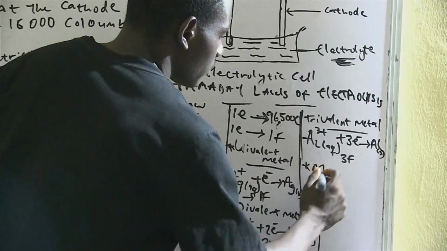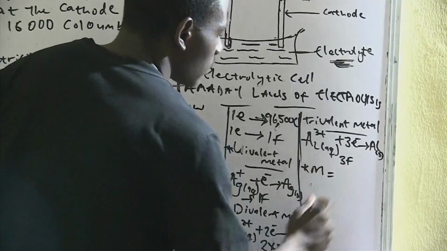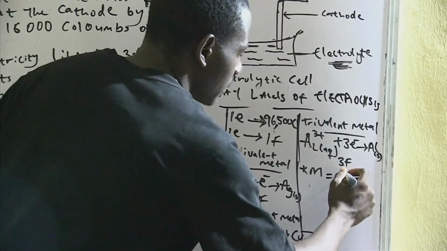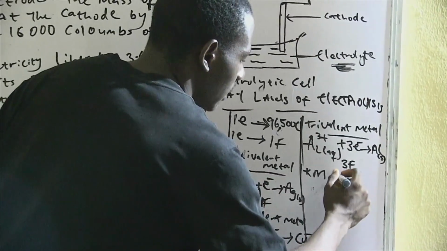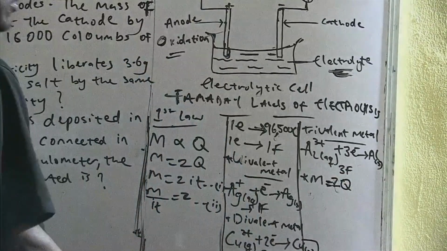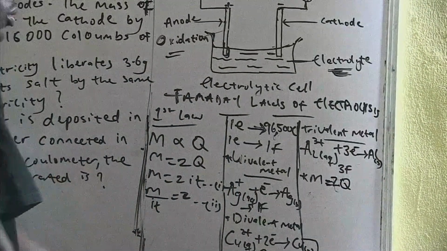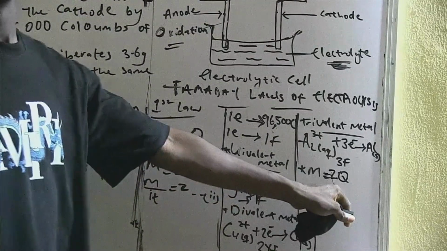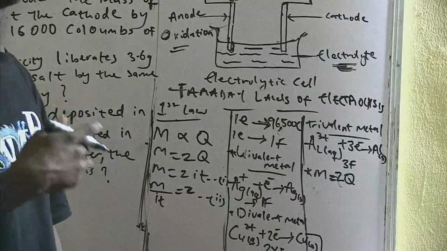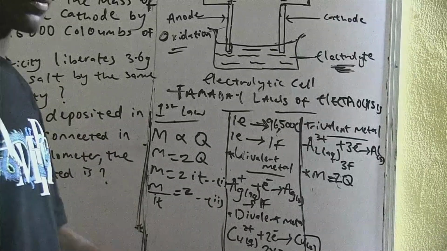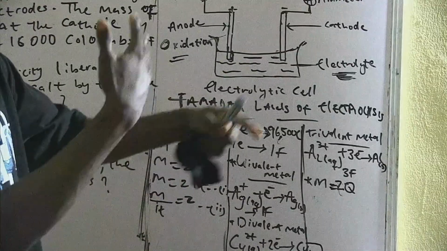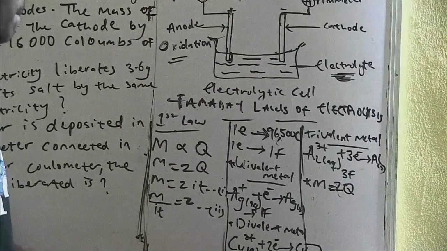Molar mass is equal to what? Quantity of electricity passing through, then your Z will be here. Now, your quantity of electricity depends not just on the Faraday, that is your coulomb, the electricity passing through the electrolyte.